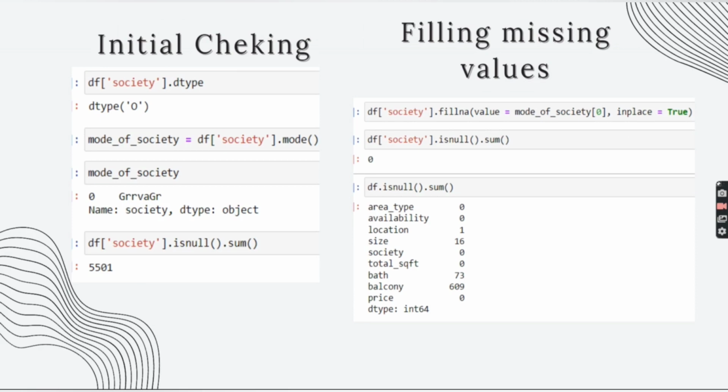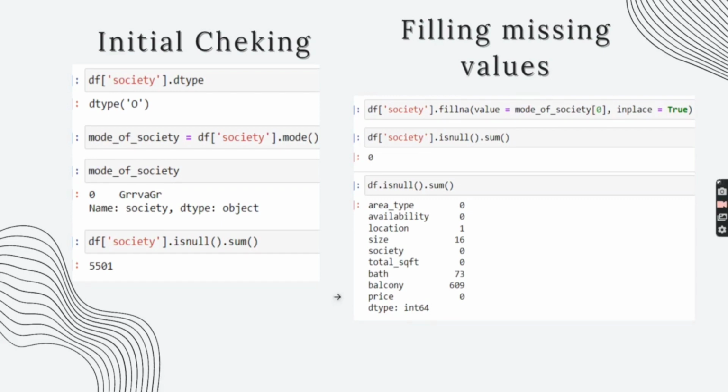Now we have to initially check what kind of data values we have while we are filling the missing values. Initial checking has some basic functions and a basic process. First, we have to check the data type. As the data is of object data type, we cannot go for mean or median. We only have a single choice, mode, to fill the missing values in the society column.